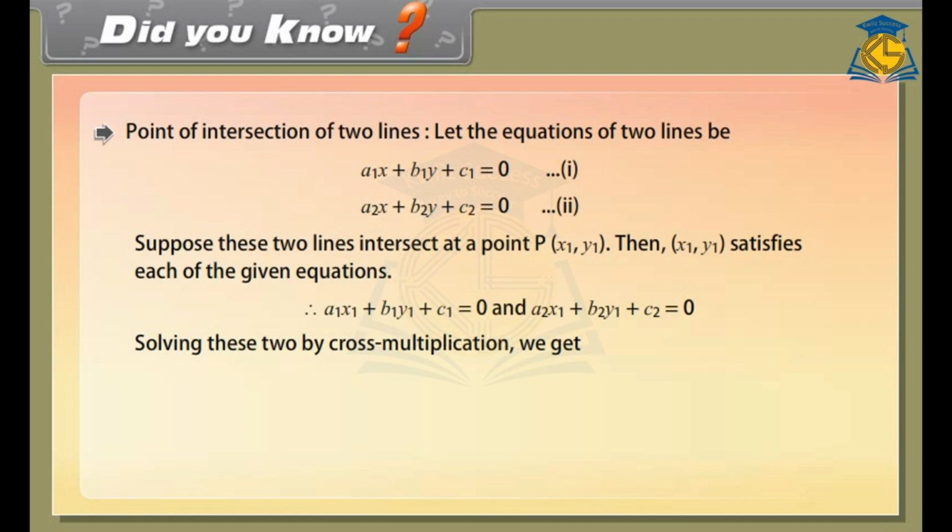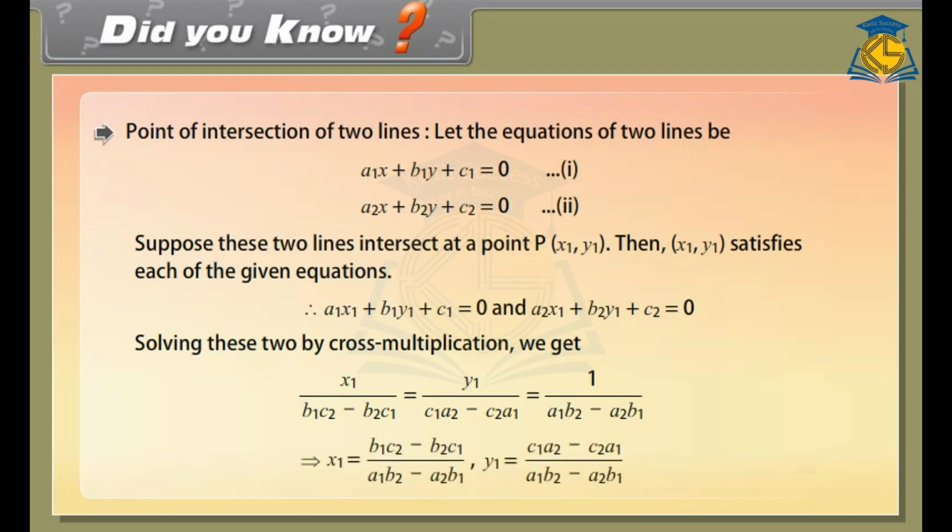Solving these two by cross multiplication, we get x1 by (b1c2 - b2c1) = y1 by (c1a2 - c2a1) = 1 by (a1b2 - a2b1). It implies x1 = (b1c2 - b2c1) by (a1b2 - a2b1), y1 = (c1a2 - c2a1) by (a1b2 - a2b1).